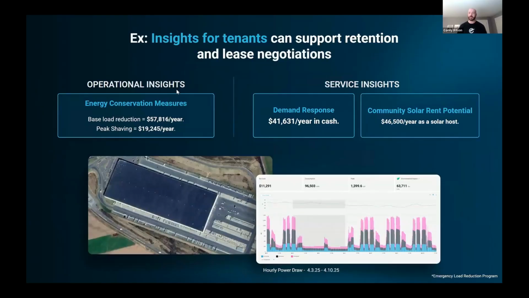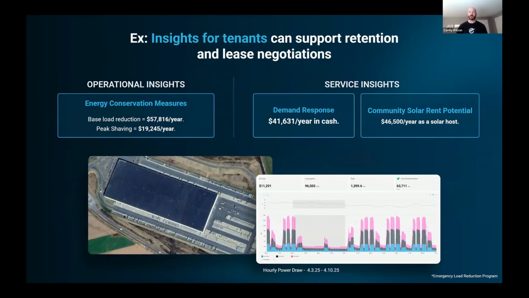But what else can be done with this data? If you can take this data and turn it into insights that help optimize how the buildings run, obviously those dollar savings are going to flow to the tenants, but there are real points of value for the landlord too.